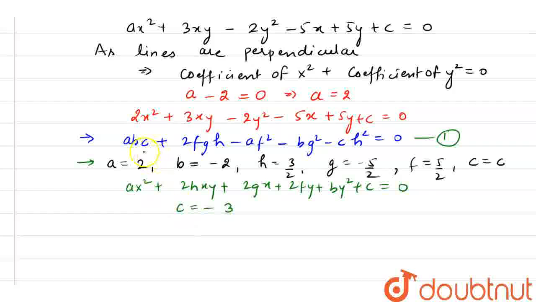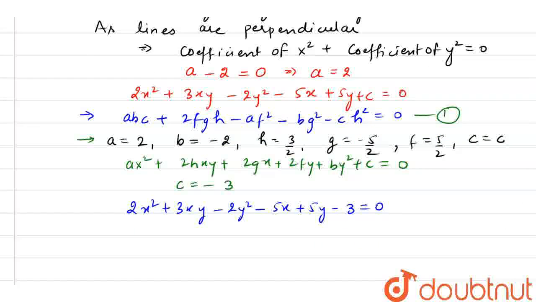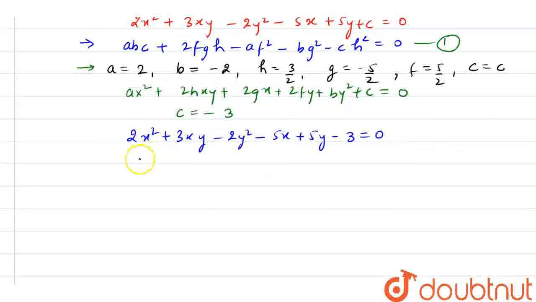So my equation of pair of straight lines will become 2x square plus 3xy minus 2y square minus 5x plus 5y minus 3 equals to 0, right? Now if I factorize this, then I can write this as (x plus 2y minus 3) into (2x minus y plus 1). Now if you multiply this, you will arrive at the above equation.